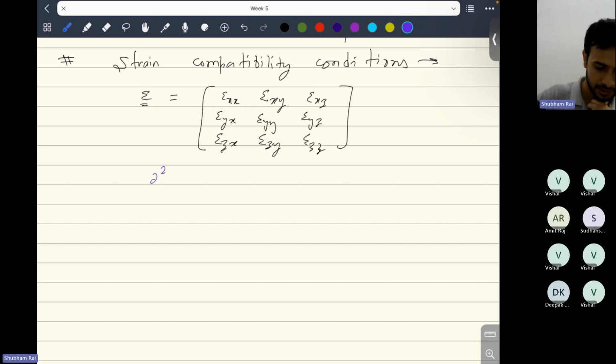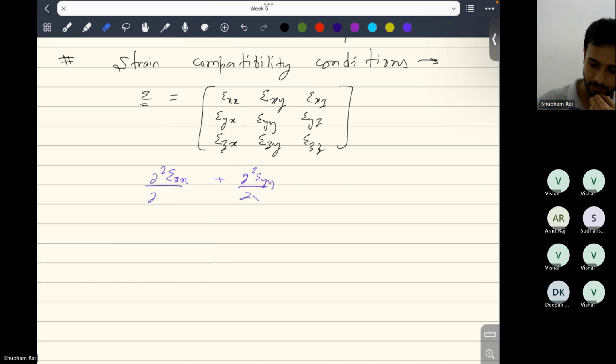So the first condition is del square epsilon xx divided by del y square plus del square epsilon yy divided by del x square. Obviously, these are all capital quantities; I should not write small.